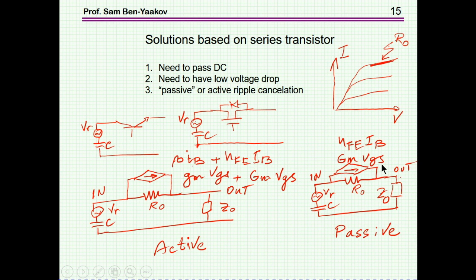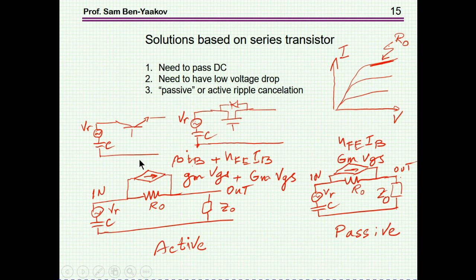So in the passive option, you control this current source to actually pass the DC, or low frequency I should say, between these two ports. And then we are left with this large resistor. This is the slope.